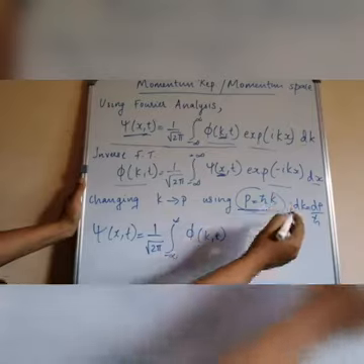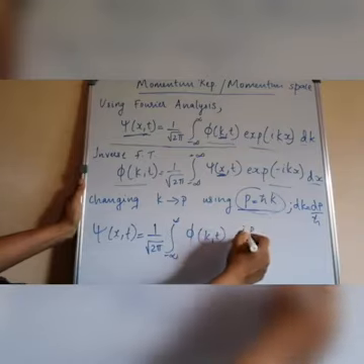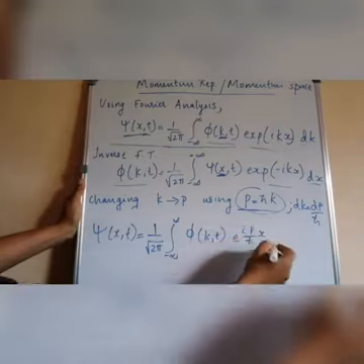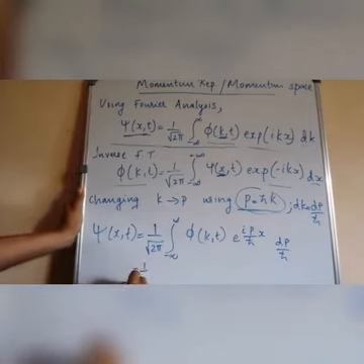We will move this constant after applying this value of dk. e raised to i, instead of k we have p by h cut into x. dk is dp by h cut. I'll take this h cut and write it as 1 by square root of 2 pi h cut.